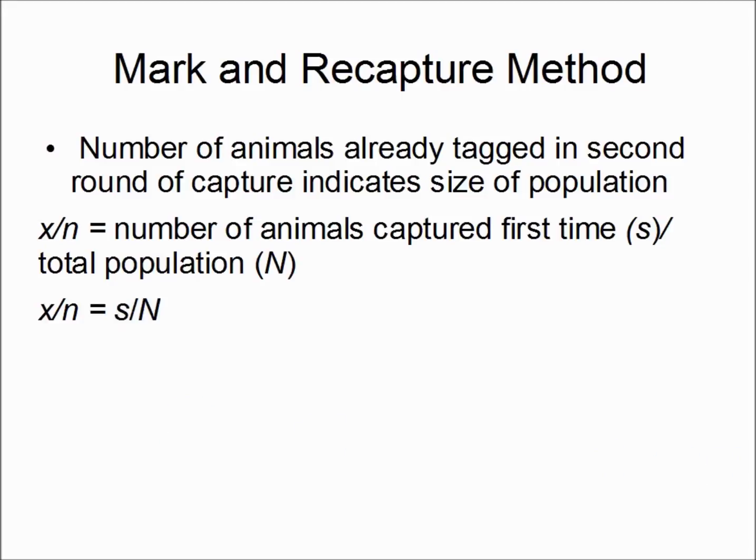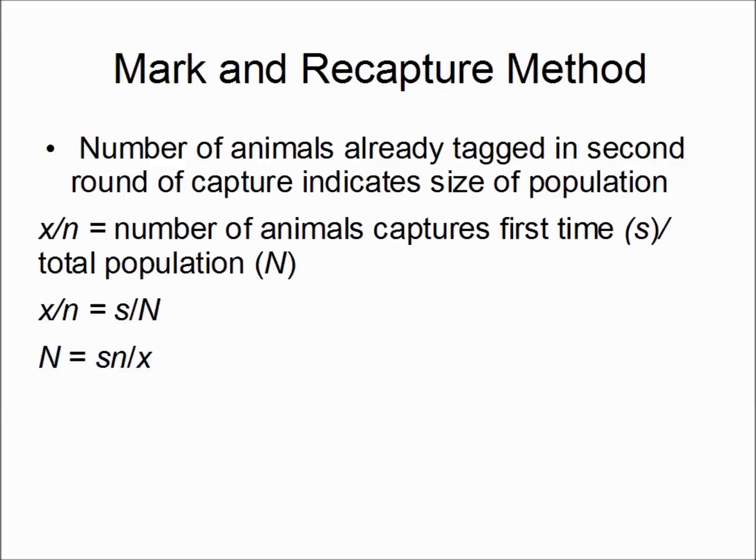So now we can plug in some of these numbers and figure out how many individuals we're dealing with here. First, we'll manipulate the algebra a little bit so that we can get a simple capital N on one side of the equation. So now we know that s times n, lowercase, divided by x equals the total population.